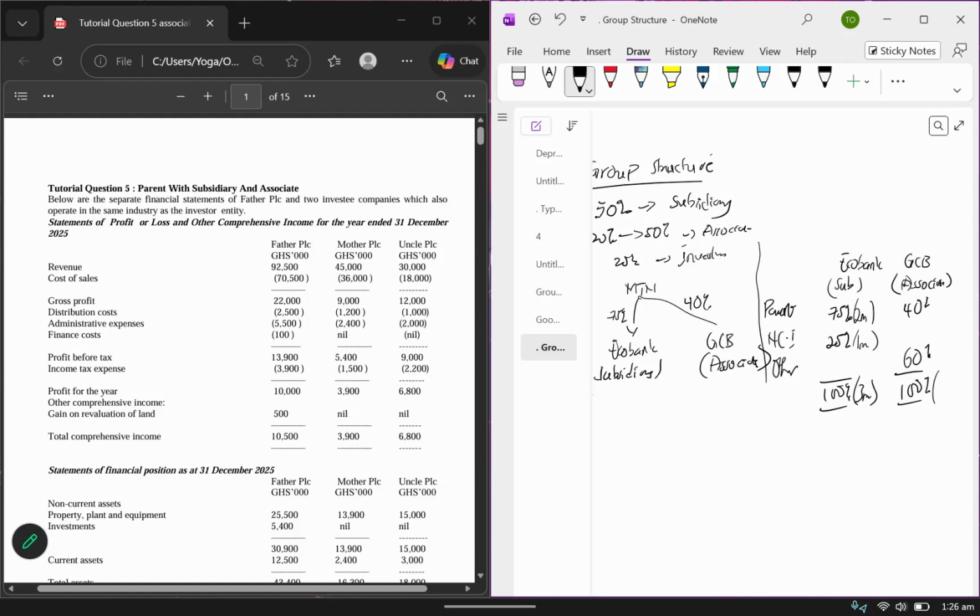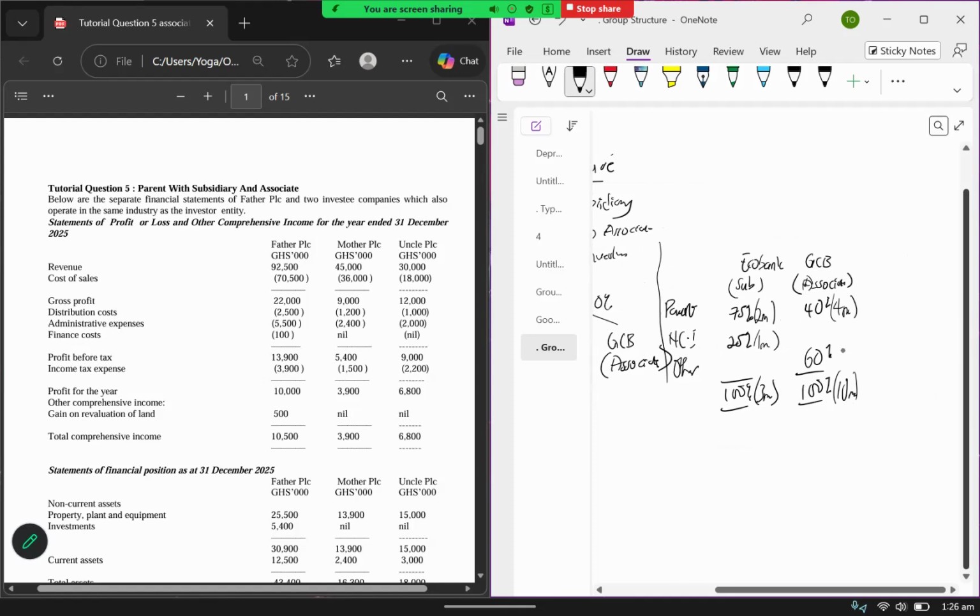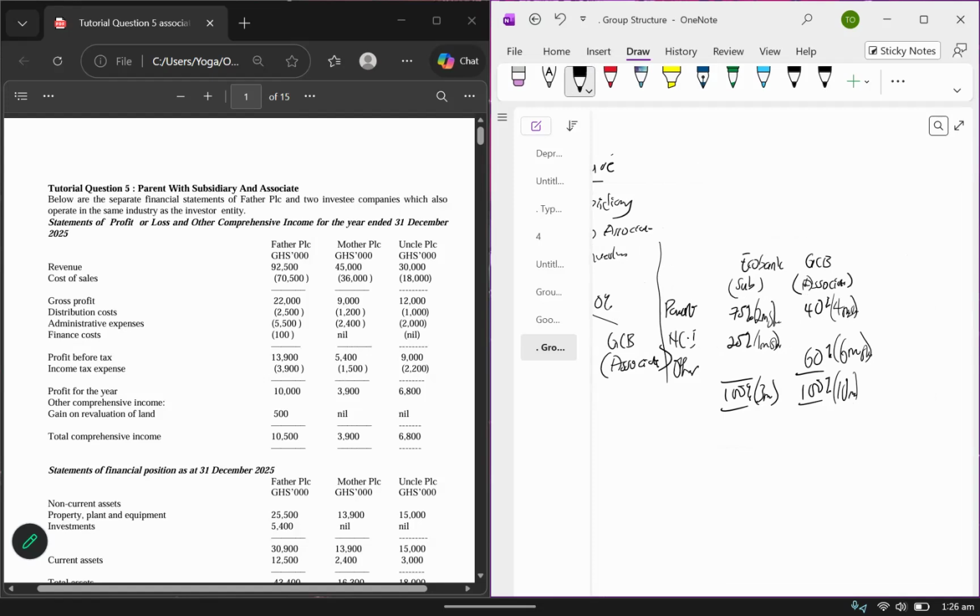Let's say the total for this one is 10 million, so definitely this one will be somewhere around 4 million, and this one around 6 million shares.